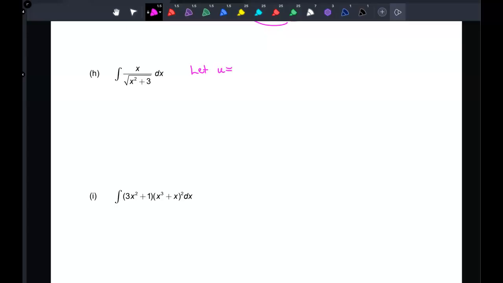What's u equal to here? X squared plus 3. So du is 2x dx. Now, I have an x and a dx. I don't have a 2. So I'm going to multiply by a half.